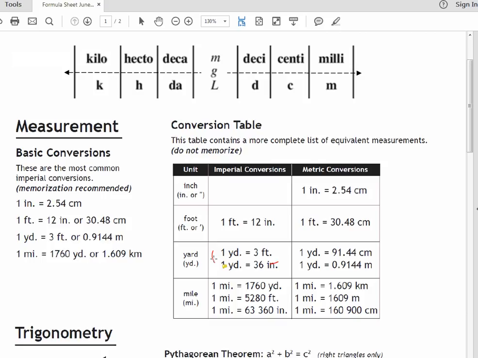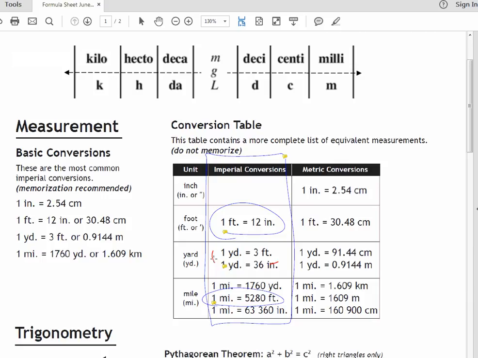Okay, well, we don't want to go over to the metric conversions. We want to stay in imperial. So there, we can go inch to foot, and then we can convert foot to mile. So we have to do two different conversions. There's no inch to mile.